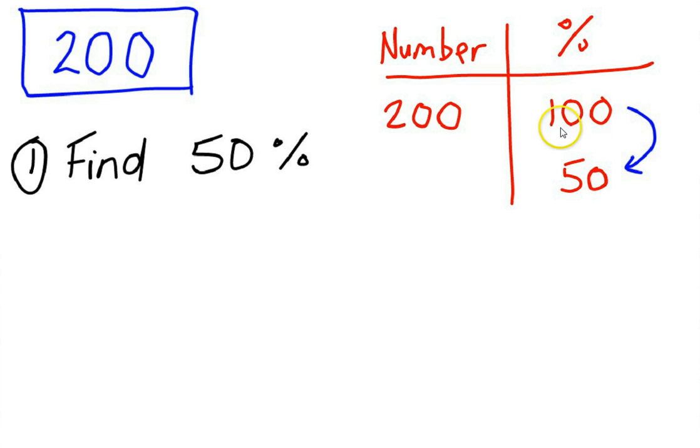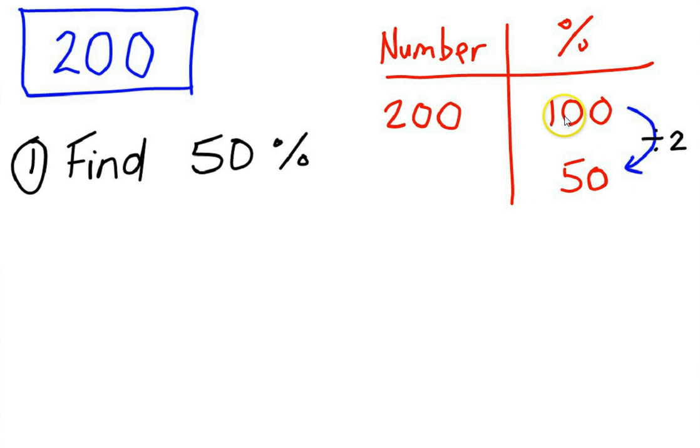Or what have we done to 100 to get to 50? We've divided it by 2. 50 times 2 equals 100, so we need to ask ourselves what have we done. It's either going to be multiplying or dividing, never adding or subtracting. So we've done 100 divided by 2 gives me 50.